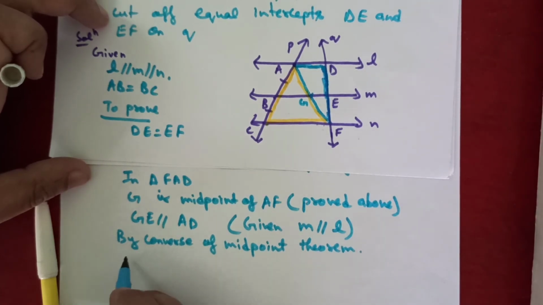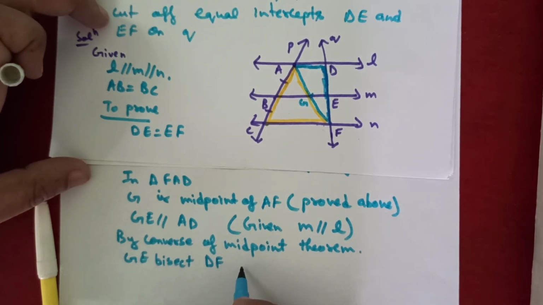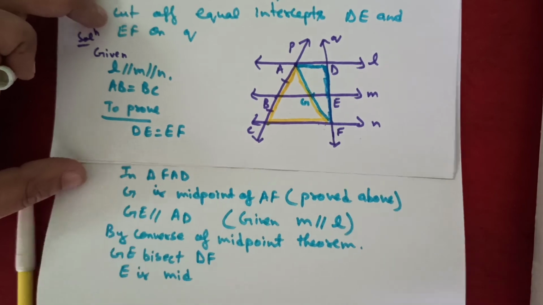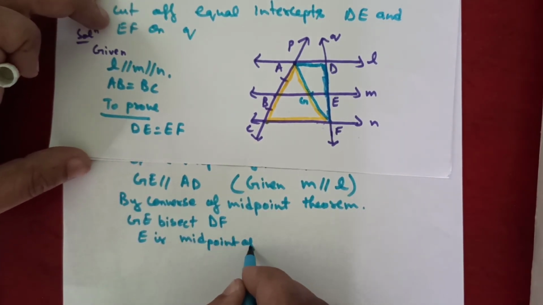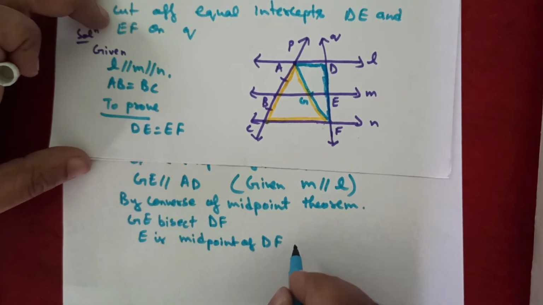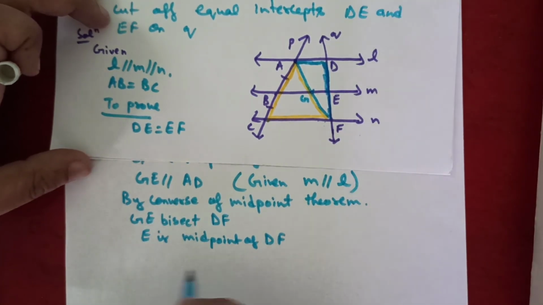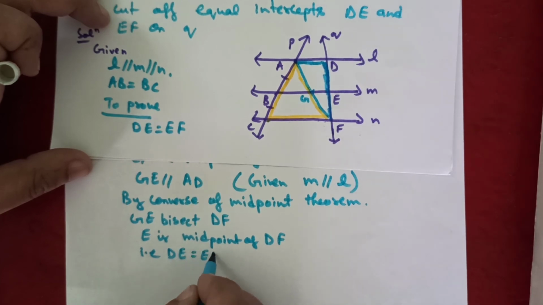That is, GE bisects the third side DF, or we can say that E is the midpoint of DF, that is DE is equal to EF, hence proved.